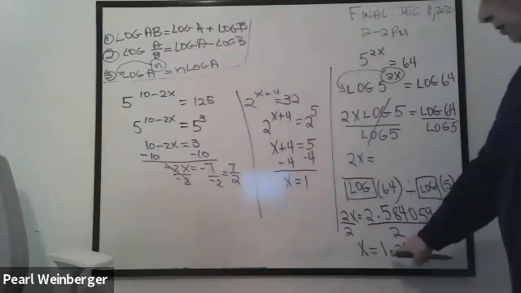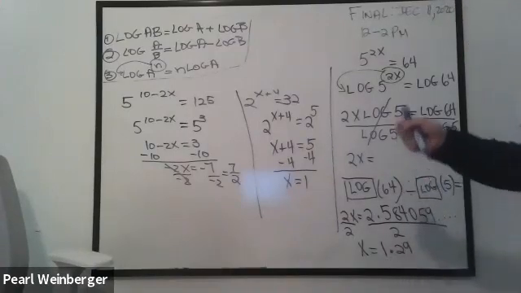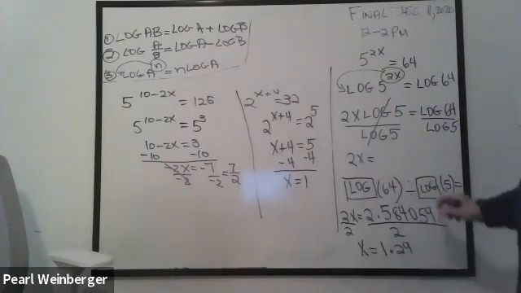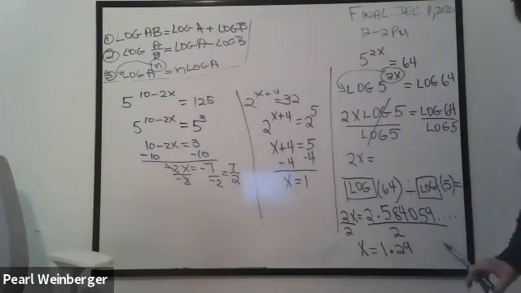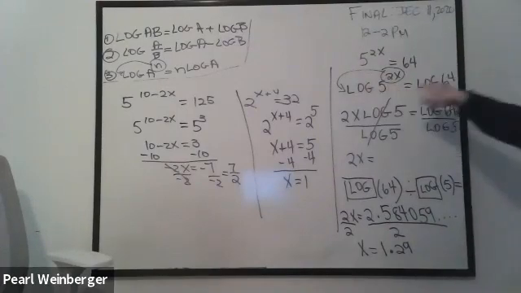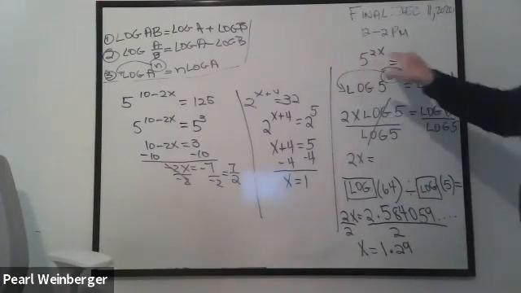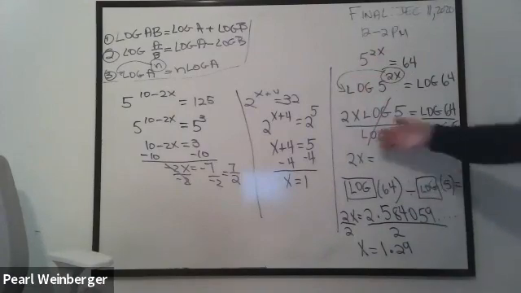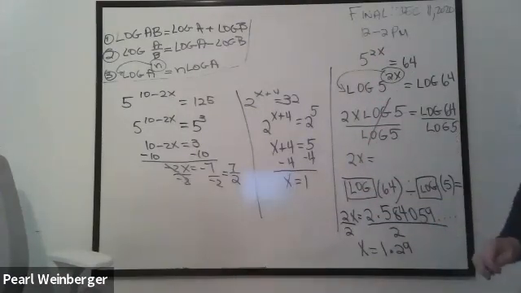To the nearest hundredth, this is 1.29. To the nearest tenth, it would be 1.3. Again, it doesn't come out evenly because this number is a long decimal. It's an irrational number. But we see that we can solve exponential equations, even if we can't put them in the same base, by using logs.